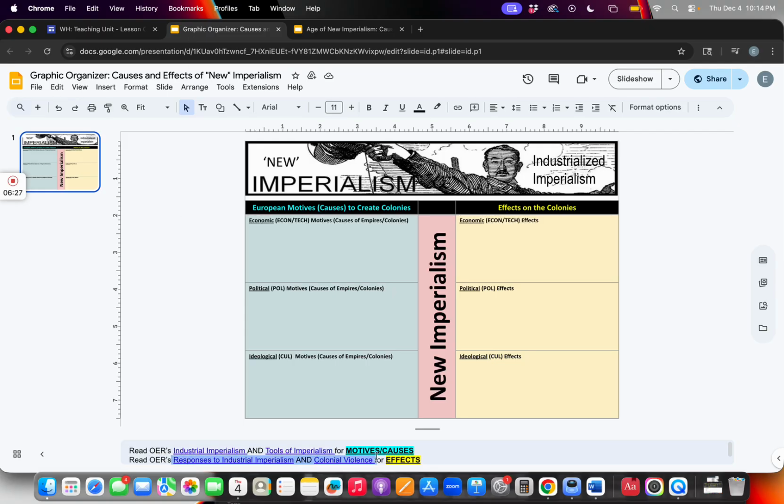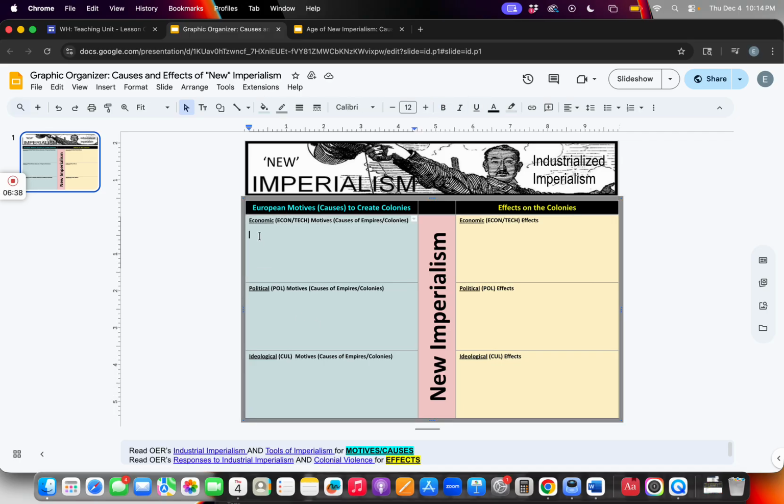And so you would read and analyze those articles to gather information to write at least 3 key ideas that answer these sections.